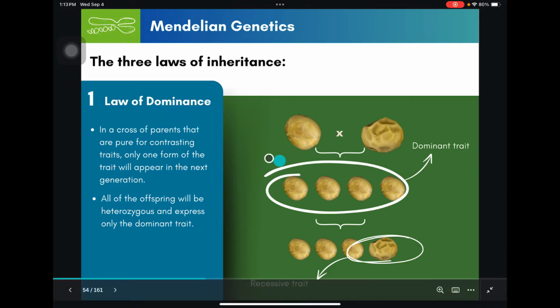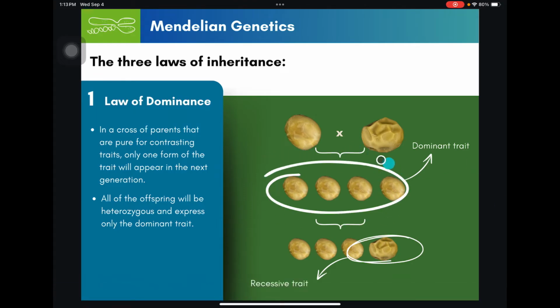As you can see here, all of our offspring from the F1 generation exhibited the dominant trait because a cross between a homozygous dominant and homozygous recessive will give one dominant allele to each of our offspring. So all of the dominant alleles here will be expressed.